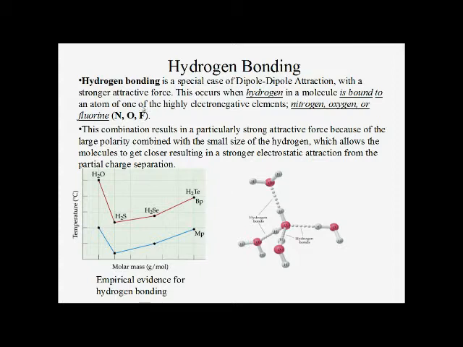This high charge separation over a short distance creates an extremely strong dipole-dipole interaction, strong enough that it behaves differently than other dipole-dipole interactions, so we give it a special name: hydrogen bonding. Hydrogen bonding occurs only when you have hydrogen directly attached to nitrogen, oxygen, or fluorine.